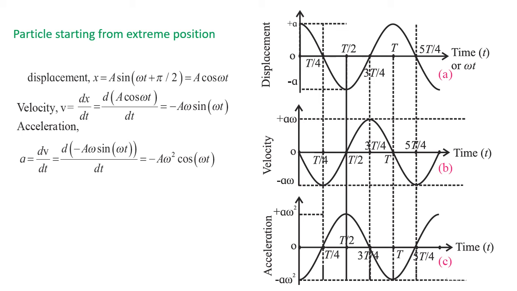Now if you look at the graphical presentation, as I said, time is taken on the x-axis for all three graphs, and displacement, velocity and acceleration are plotted on the y-axis.